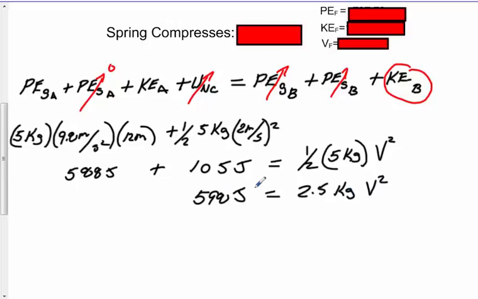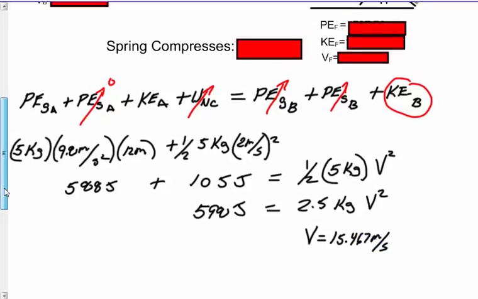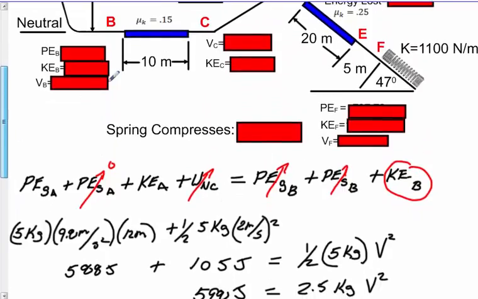We'll divide by 2.5, so we take 598 divided by 2.5. We take the square root of that value right there, and that gives me a velocity of 15.467 meters per second.